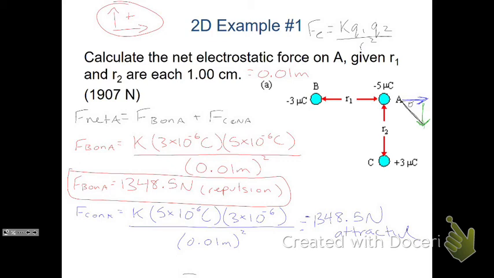So now that we have a horizontal component of the net force, and we also have a vertical component to the net force, we need to use our horizontal and our vertical component to find the resultant vector and the direction of that. Okay? So I'm just going to jump to this page, and here I will do our triangle.